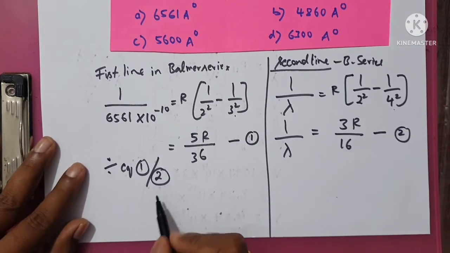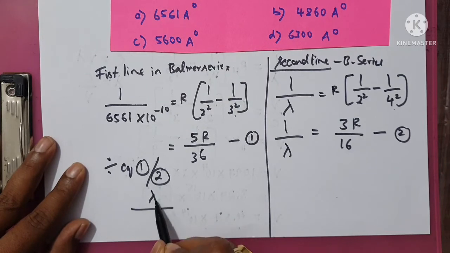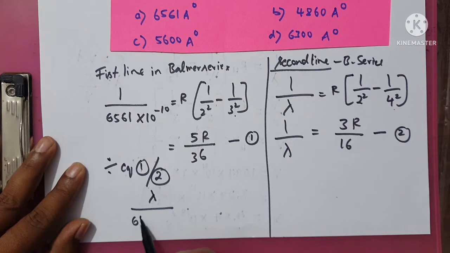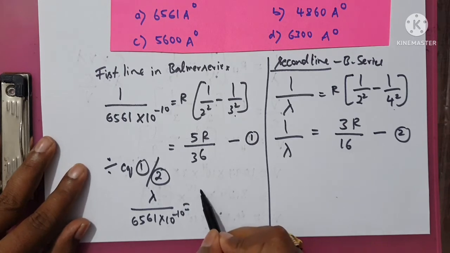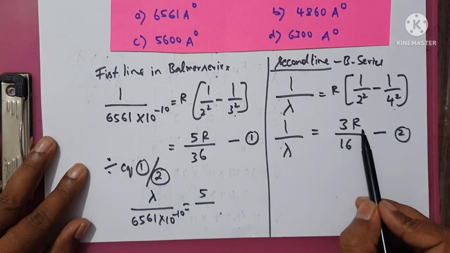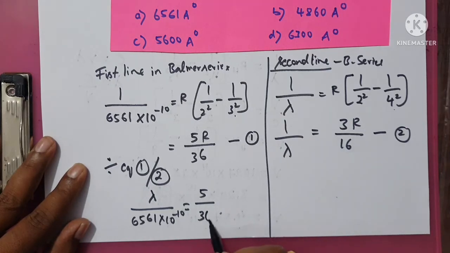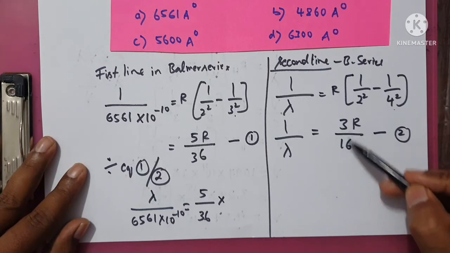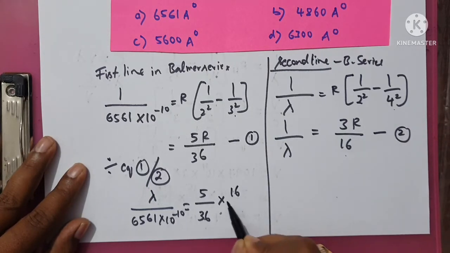Here I'll take lambda as the second spectral line, that is equal to 6561 into 10 to the power of minus 10 divided by, that is 5 by 36 into, R will get cancelled when I divide it. When I divide this, 16 will move to the numerator and 3 will come down, that becomes 16 by 3.